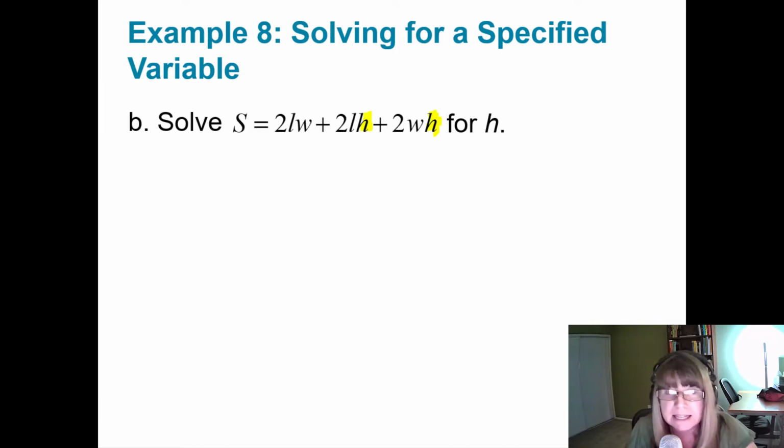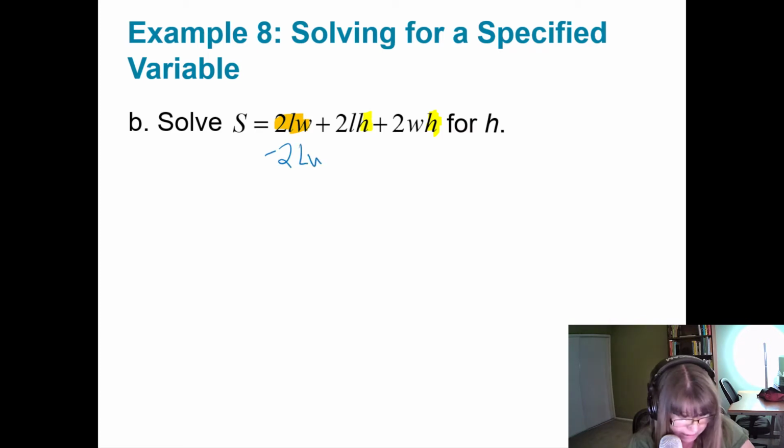That means anything that's touching the H, I have to wait until the end to deal with it. At least that's how I cope with it. So the one thing that's not touching the H but is touching the whole entire side is this 2LW. So I can get rid of this 2LW and not touch the H yet. So let's go ahead and do that.